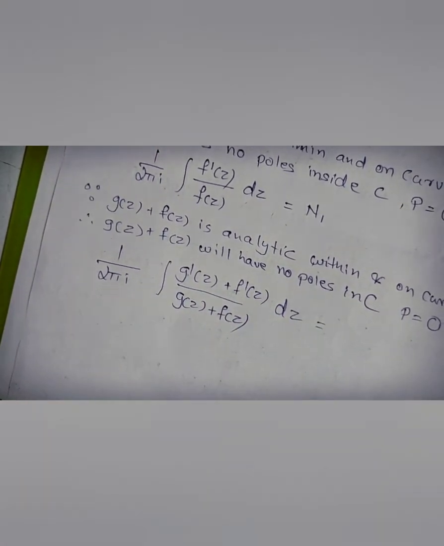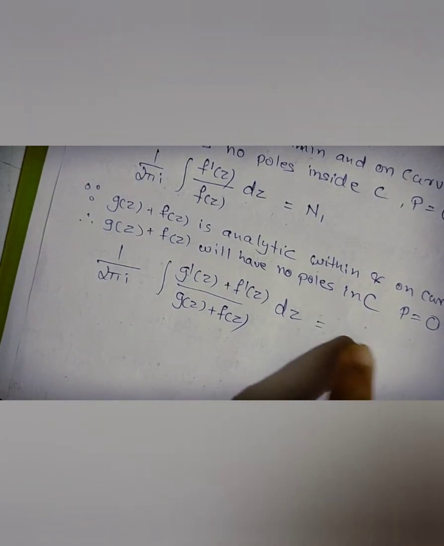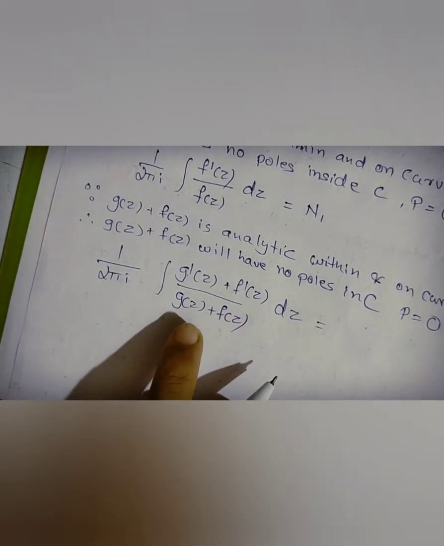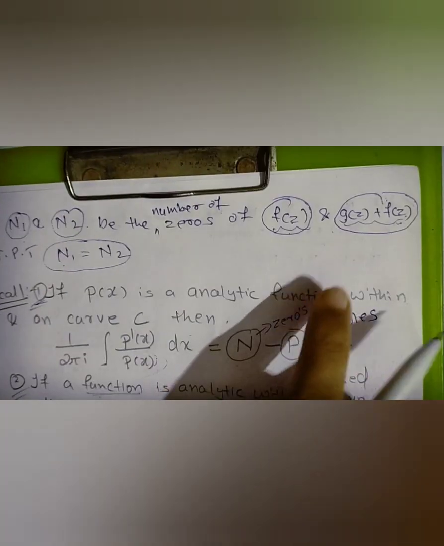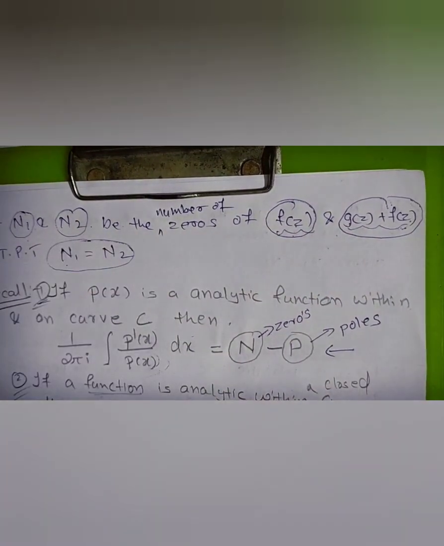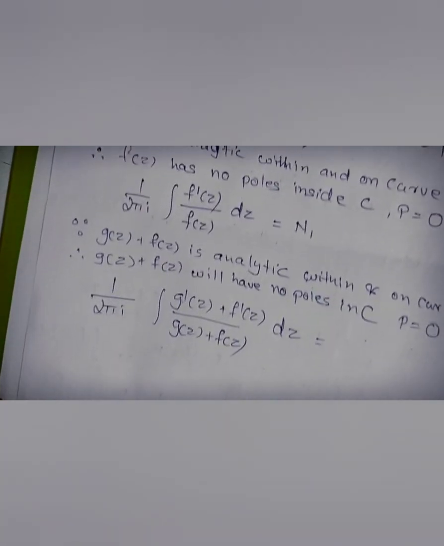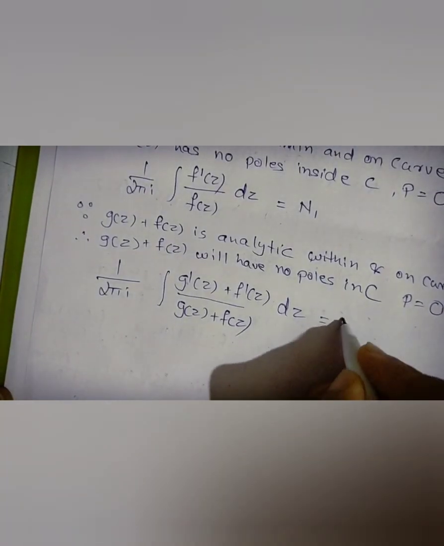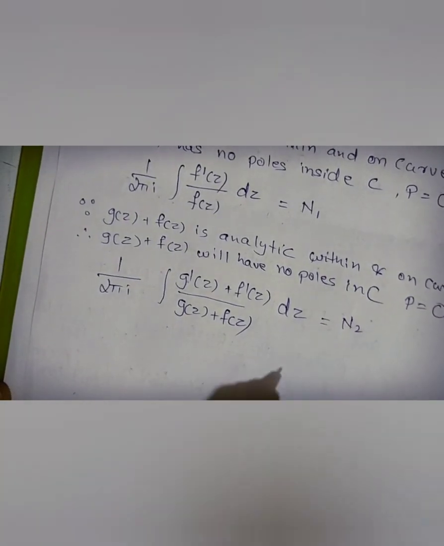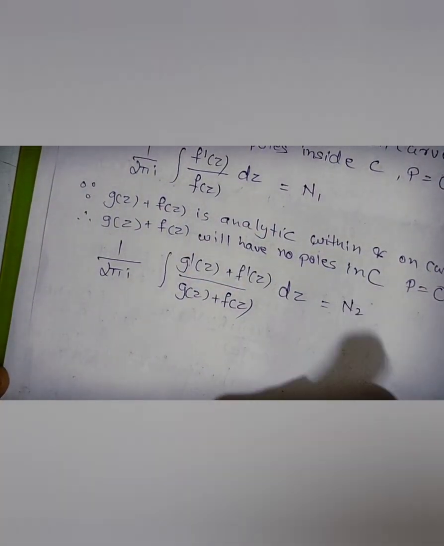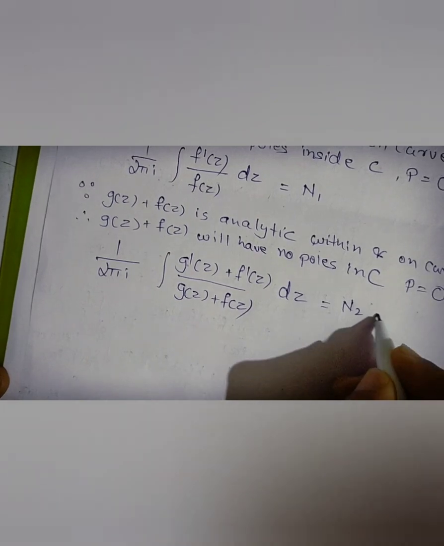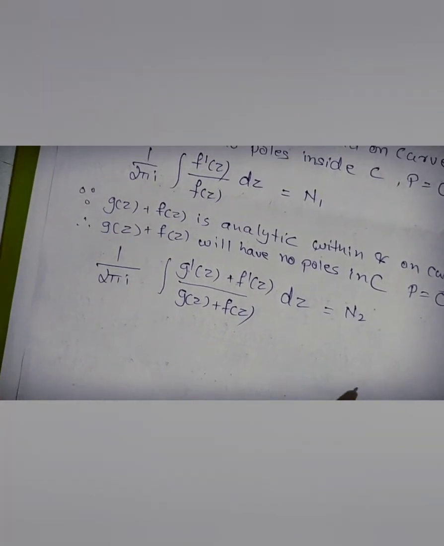This will give me the number of zeros minus the number of poles. The number of zeros for this function I am assuming as n2. So it is n2 minus the number of poles, and since it is an analytic function, the number of poles will be 0, so it will remain n2.